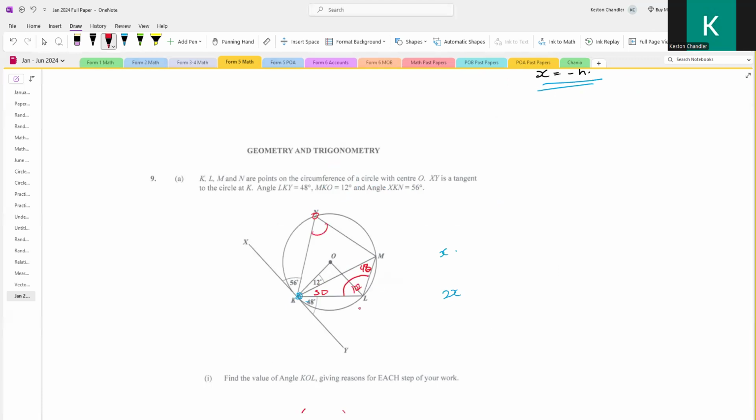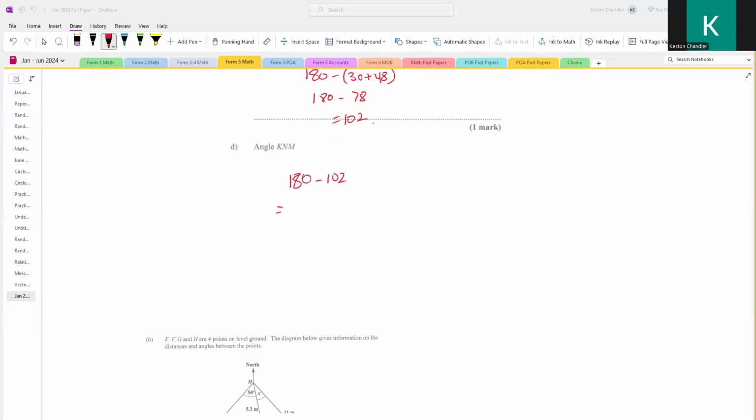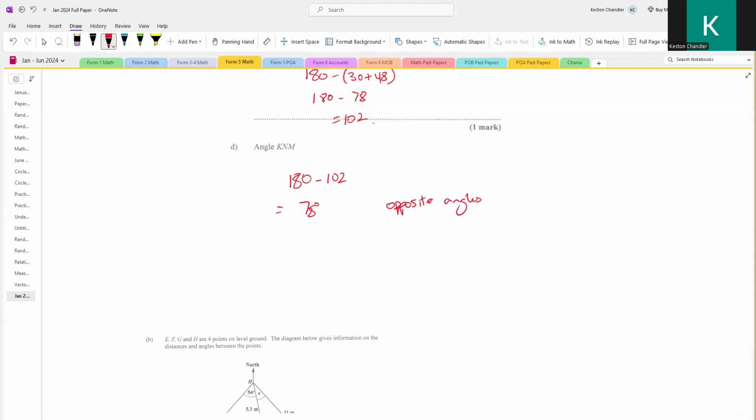The two opposite angles in our cyclic quadrilateral had to add up to 180. So we could do 180 minus 102, 78 degrees. Opposite angles in a cyclic quadrilateral sum to 180 degrees.